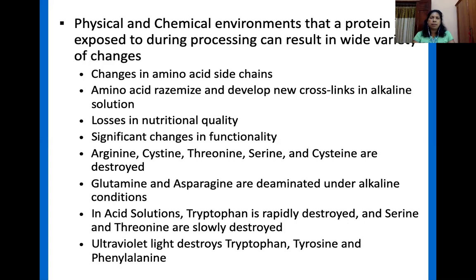That means if an amino acid is damaged, the protein can be damaged. If the amino acid is not damaged, then the nutritional quality of the protein is retained. Therefore, you have to consider this situation, because the names are given here, so you can go through it easily.